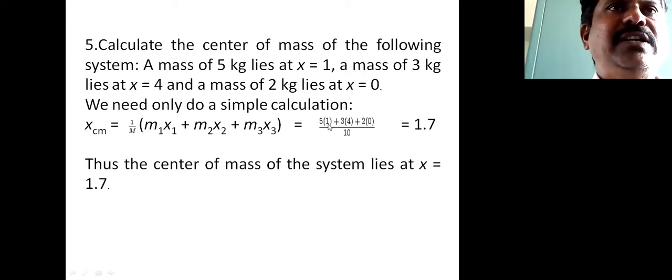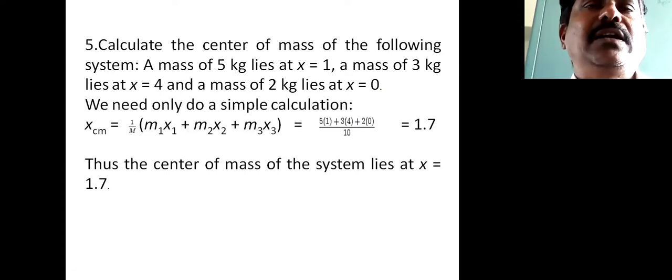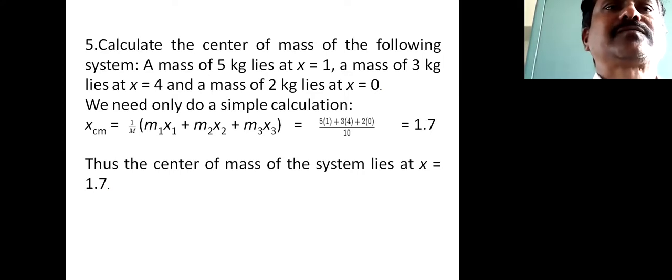The first object is 5 kg at a distance of 1 meter, the second is 3 kg at a distance of 4 meter, and the third is at a distance of 0, exactly at your reference point.